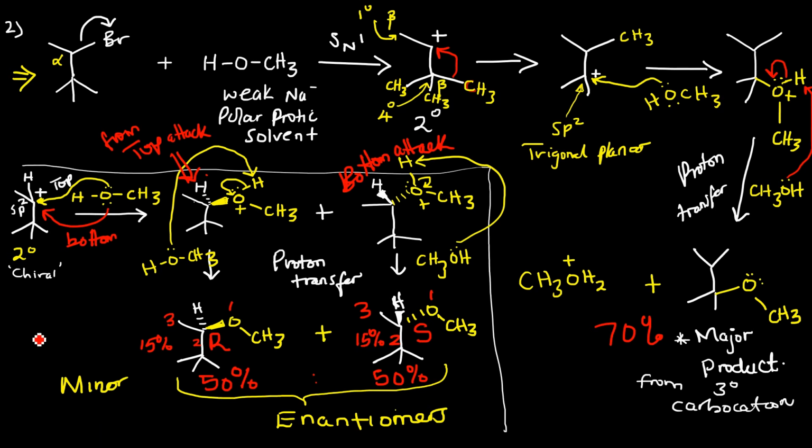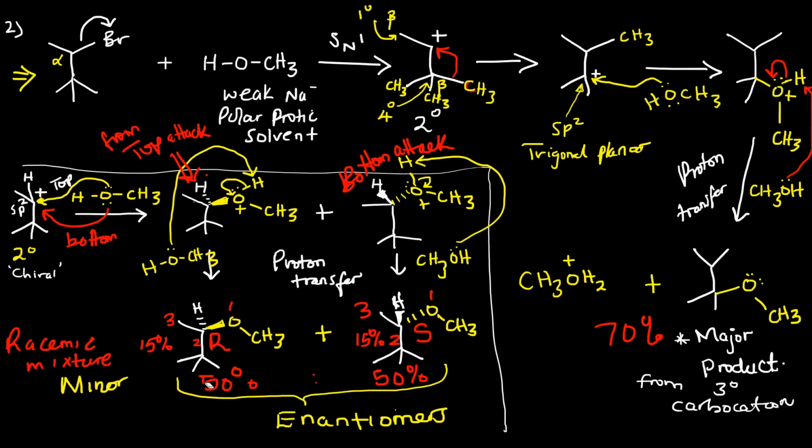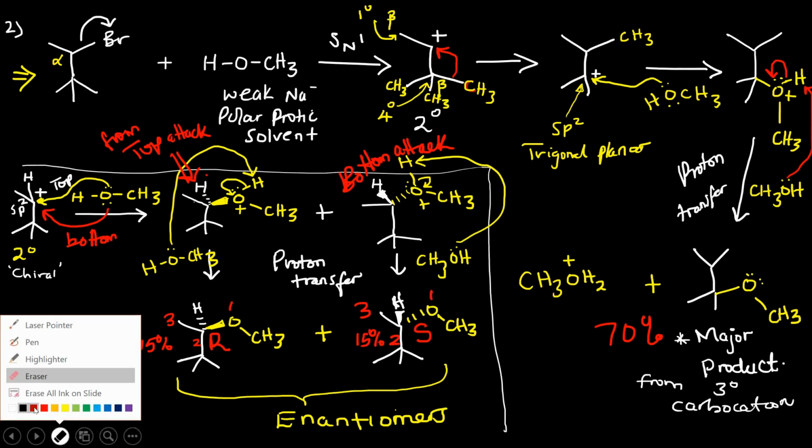That's what the term racemic mixture means. So a racemic mixture is a mixture of products that has equal amount of the two products. Okay? So it's 50-50. I'm going to write it out here.